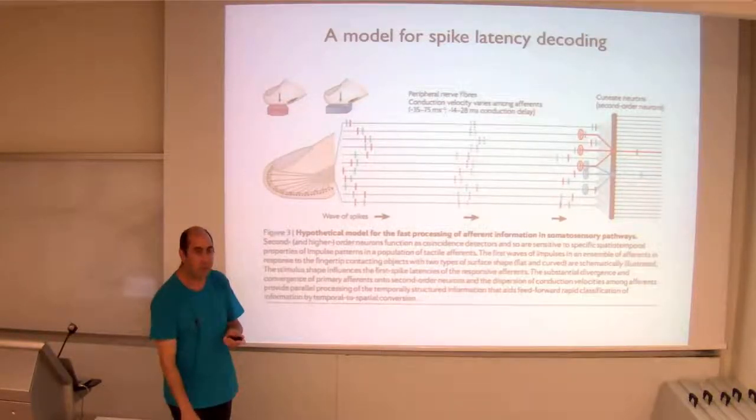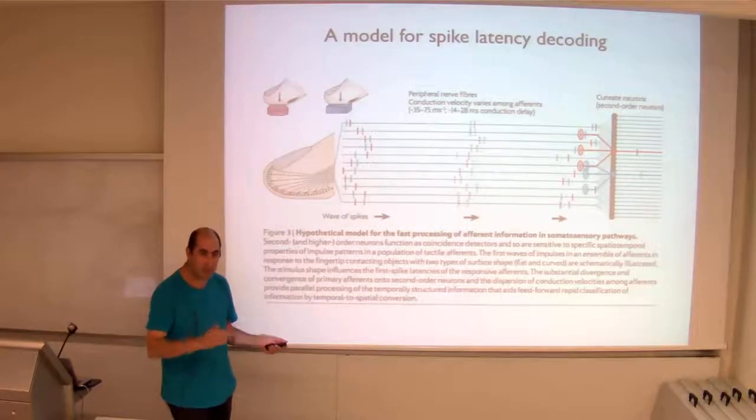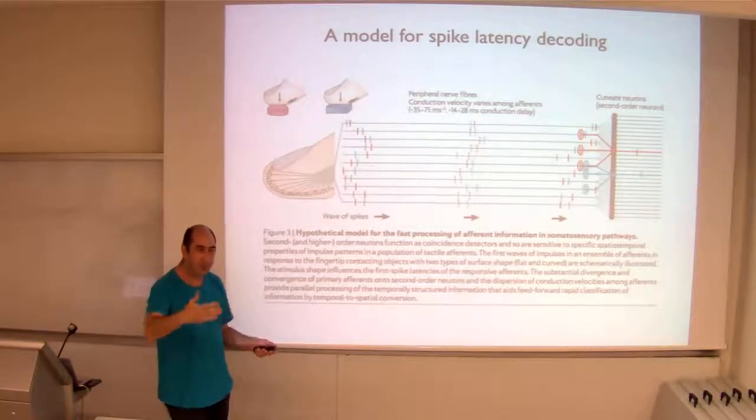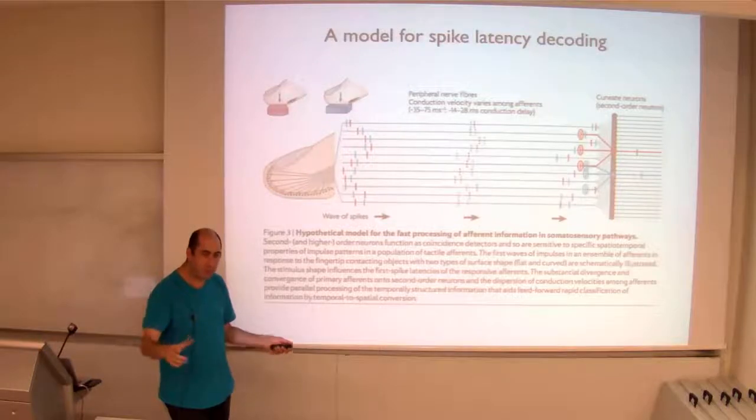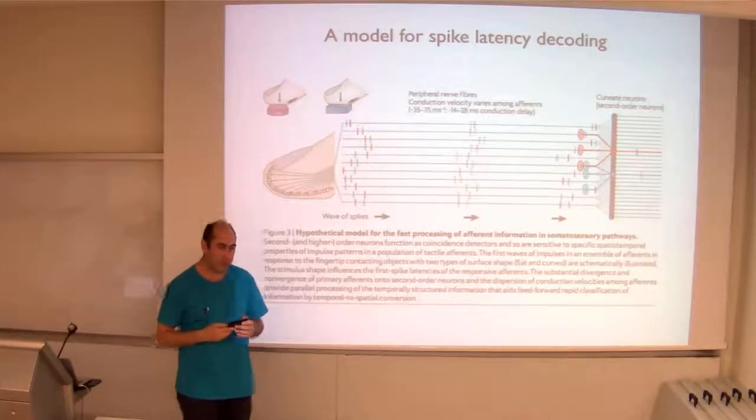Texture is in a way, at least at a very basic level, spatial frequencies. Like, what's the distance between lines if you just make a mesh? The spatial distance between the lines is similar to spatial frequency in vision in many senses.